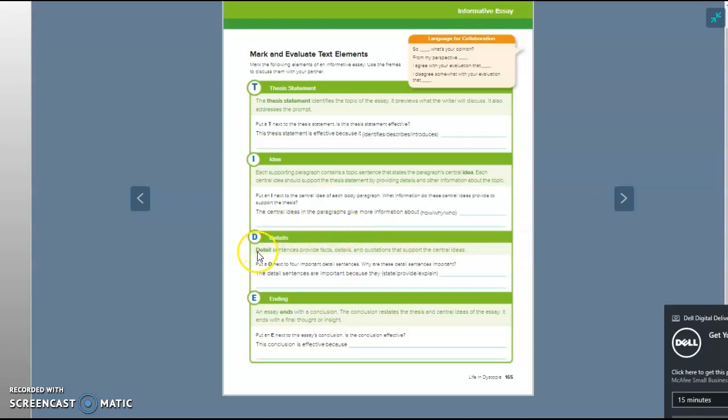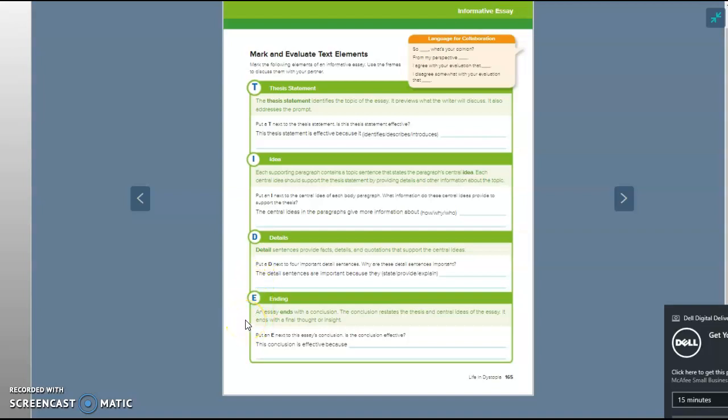Then the third part. Now you've got to put a D next to details. So you're going to have your central ideas, your topic sentences of each paragraph. Now go put a D next to details that support that central idea. And last but not least is your ending.